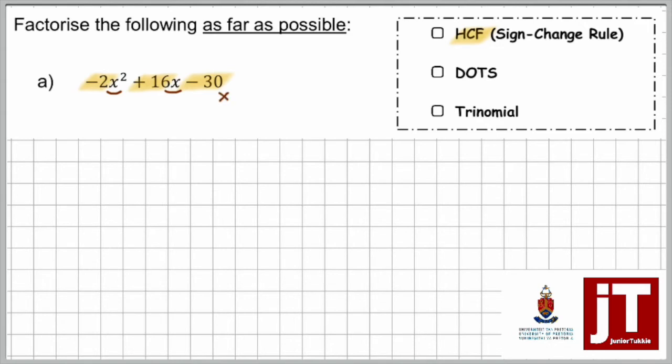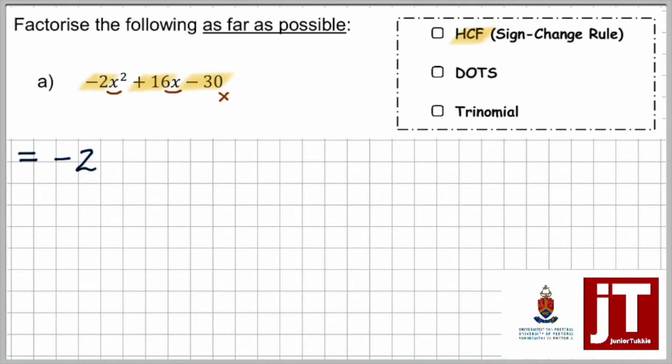So we can now write down the highest common factor, and notice that I wrote down negative 2. Now let me explain that to you. Can you see that the original expression consists of 3 terms? If you think further, you may remember that 3 terms indicate the presence of a trinomial. 3 terms are a trinomial.